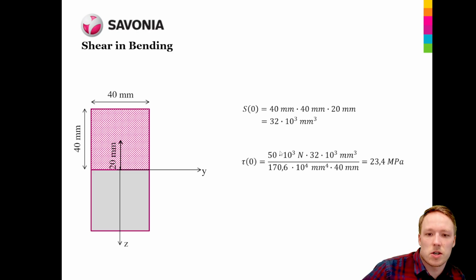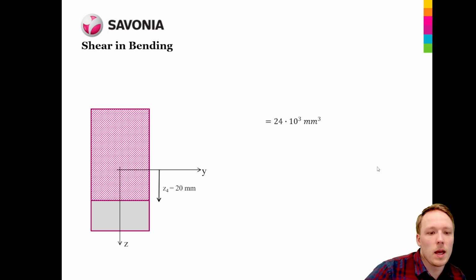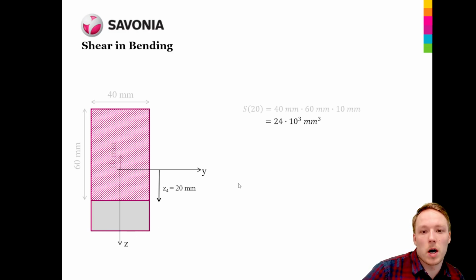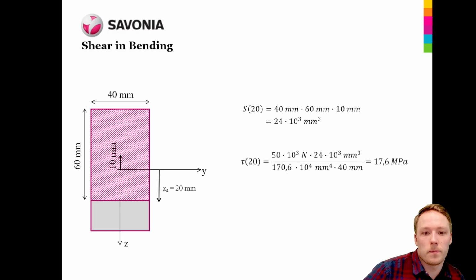And then the shear stress value will be 23.4. And similarly, we can calculate it towards the bottom here. In here, we see an example where we use this highlighted area as the shearing area, but you would get exactly the same results if you would calculate that this bottom area is the one that shears off.